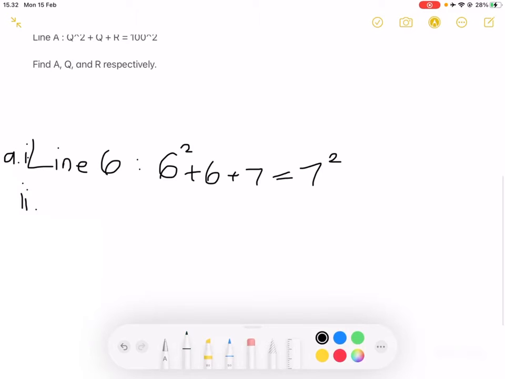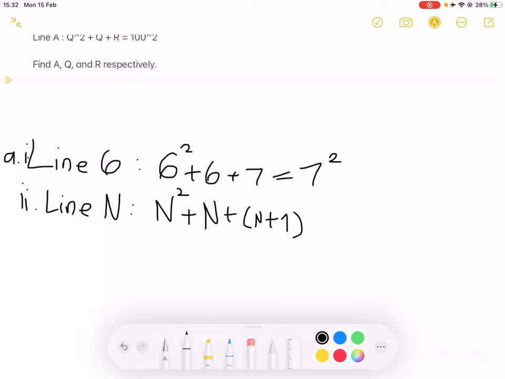So we have line n corresponding to n squared plus n plus a number after n, which is just n plus 1, and this will be equal to n plus 1 squared. And then proving this isn't that difficult, so we can just simplify the left hand expression.